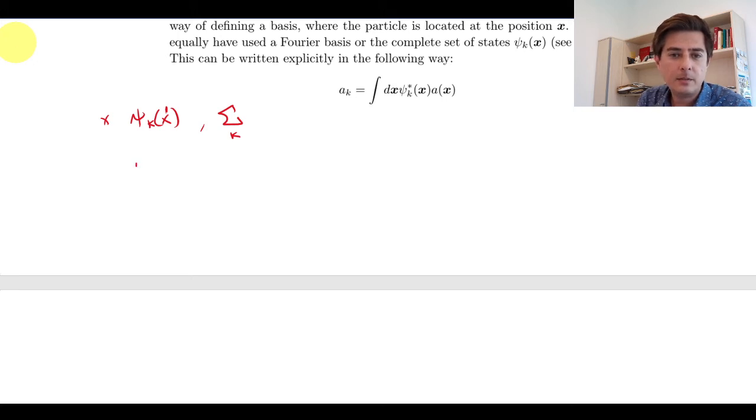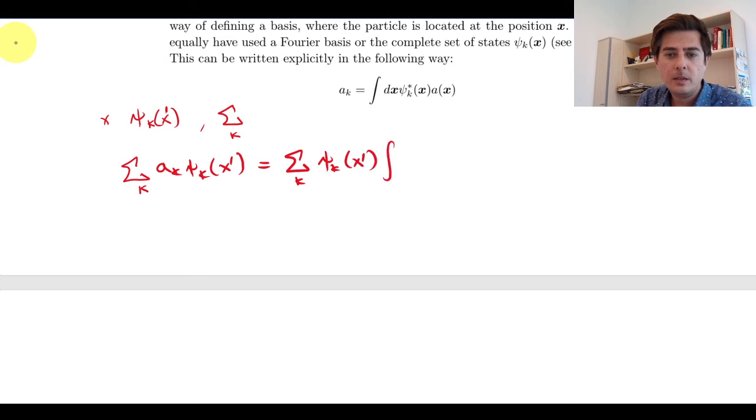So if we do that, then what we get is sum over k, a k psi k x prime, and then we have to do the same thing to the left-hand side. So we've got sum k psi k x prime integral dx psi k star x a of x, and again we can interchange the order of the integrals.